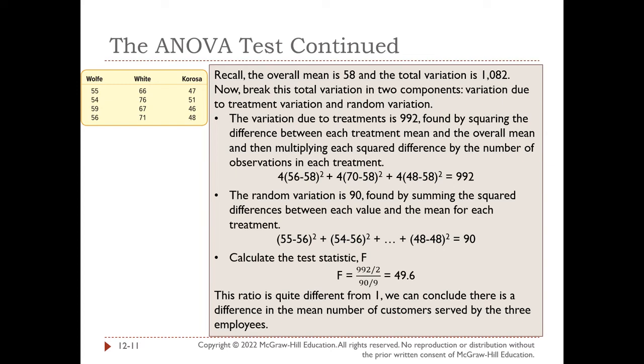We find this by squaring the difference between each treatment mean and the overall mean, and then multiplying each squared difference by the number of observations in each treatment. Since Wolf has 4, this is where we get 4 from. So they're going to take 56 minus 58, square it. Then they're going to add 70 minus 58 squared, and so forth and so on.